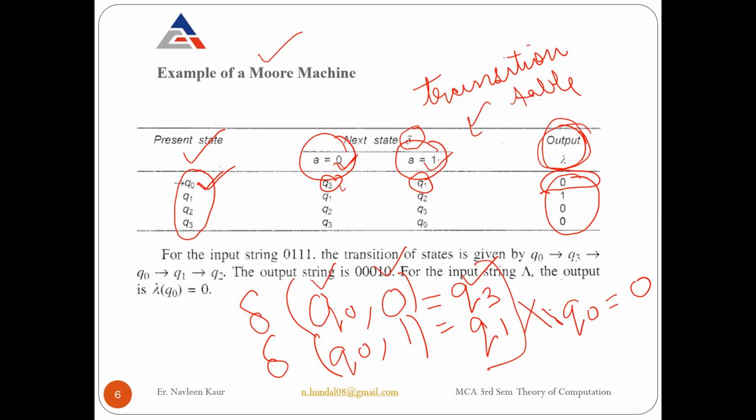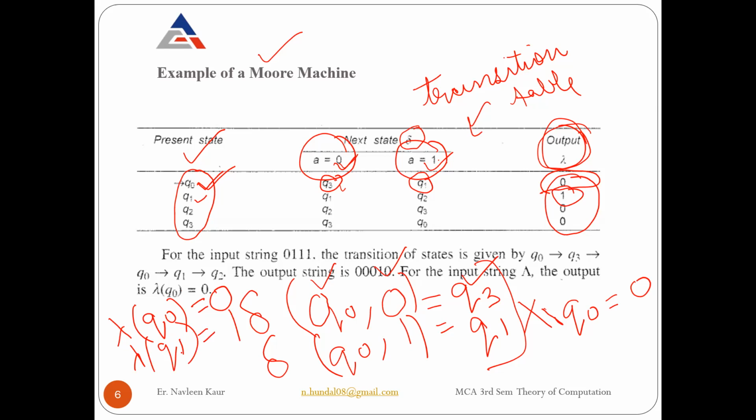So for lambda, let me design the output function. For Q naught, the output is always 0. For Q1, even if you get 0 or you get 1, the output is always 1. It means for lambda Q1, the output is always 1.